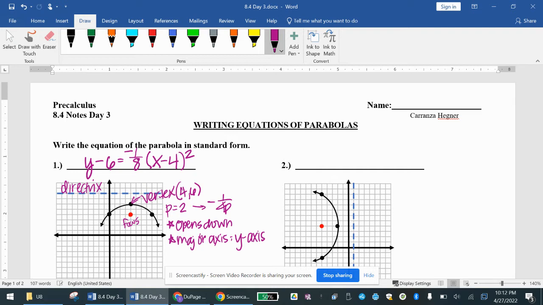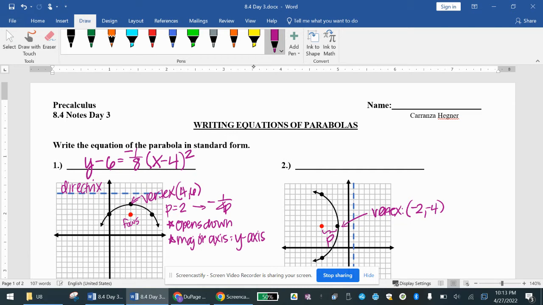For number 2, the parabola opens left. I'm going to identify the same important information that I did in the previous problem. So the vertex is (-2, -4). The value of p is the distance between the vertex and the focus. The focus is the little red dot.